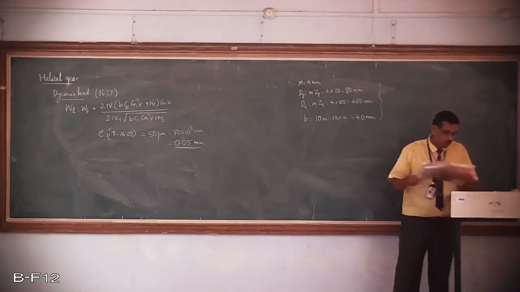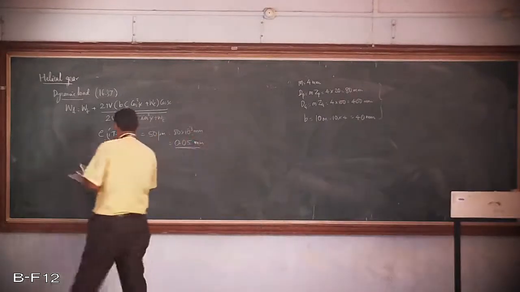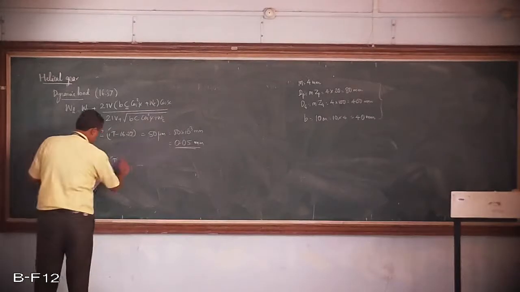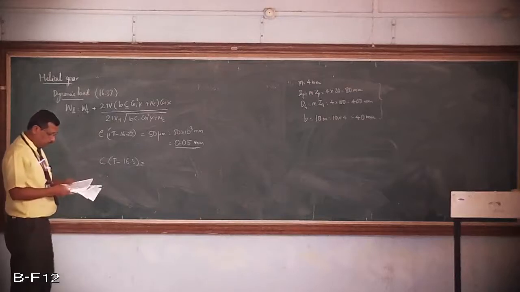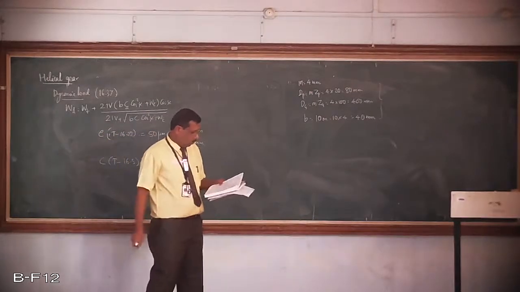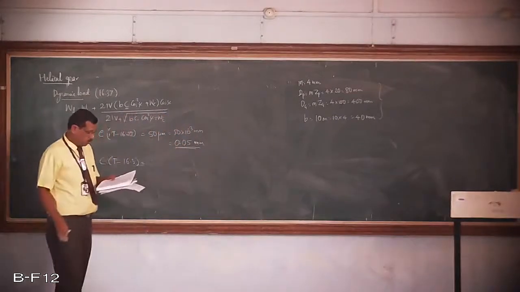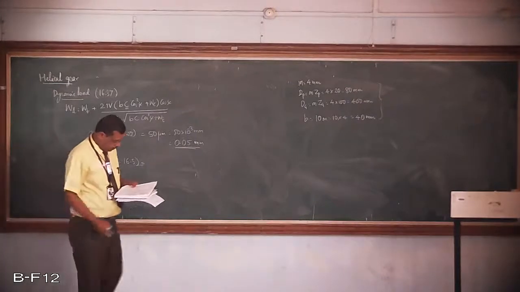Therefore, the value of C is obtained from table 16.5, the dynamic load equation C value. Material is given, therefore material is steel and steel, cast steel and steel, both are steel and steel. 20 degrees full depth.